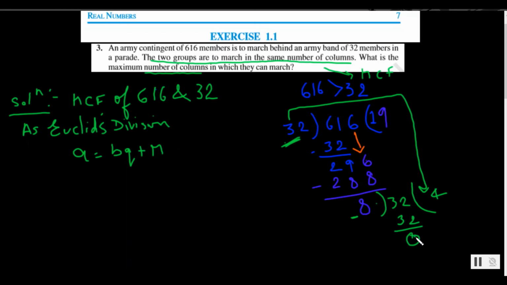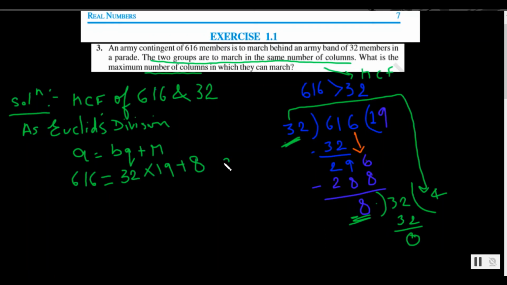So now we can do it by substituting the values. A is 616 is equals to B is 32 into 19 plus what is the remainder? The remainder we got was 8.